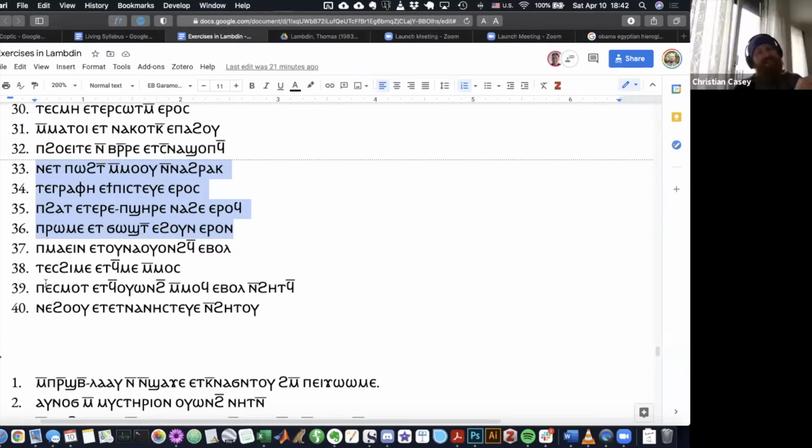Rasmus, do you want to read 4? Sure. So 33 is net pohet mo en nahrak, which would be those who are bowing themselves in your presence. Yeah, good. This in Nahrak has this hair in it, which is the face word. Oh, right.